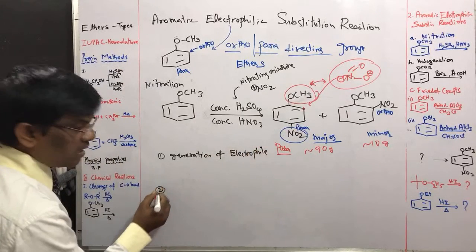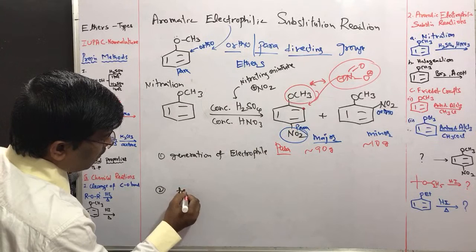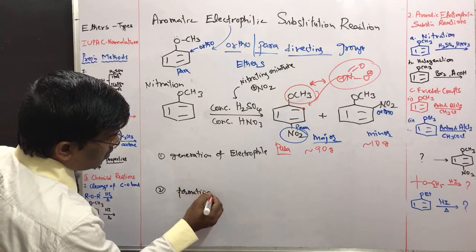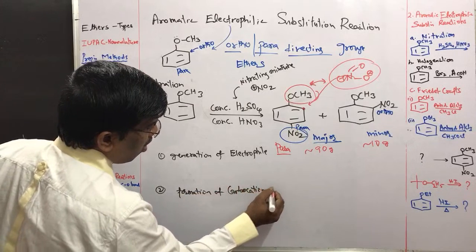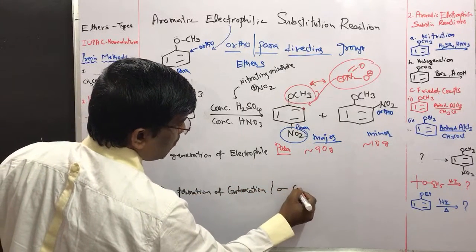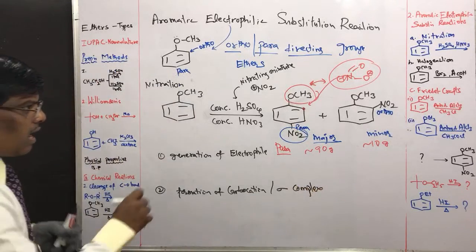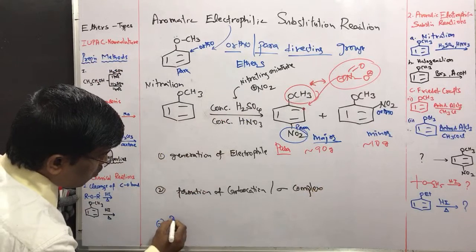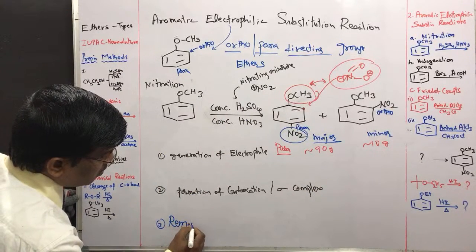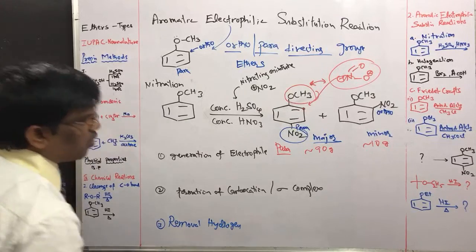The second step is formation of the carbocation or sigma complex. I am still writing the mechanism. The third step is removal of hydrogen from the sigma complex.